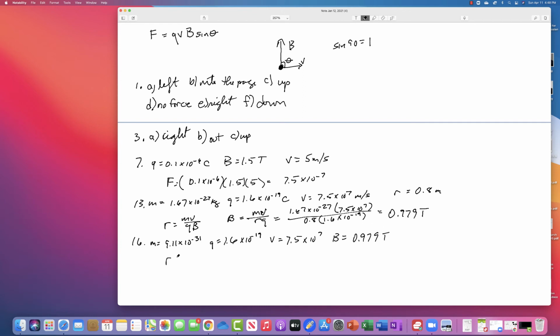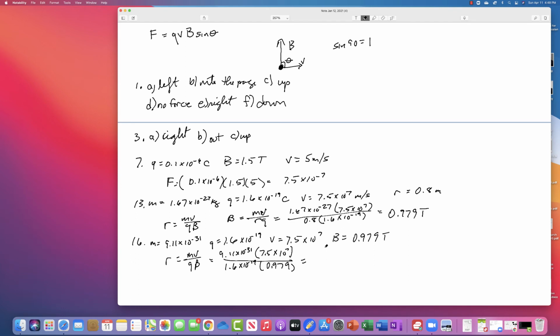So R is equal to mv over qB. So m was 9.11 times 10 to the minus 31 times 7.5 times 10 to the 7th divided by 1.6 times 10 to the minus 19 times 0.979.